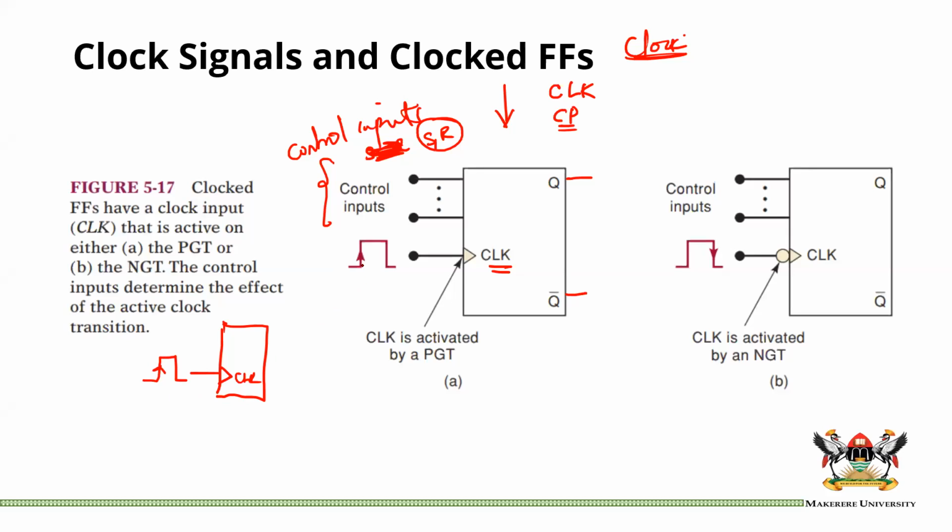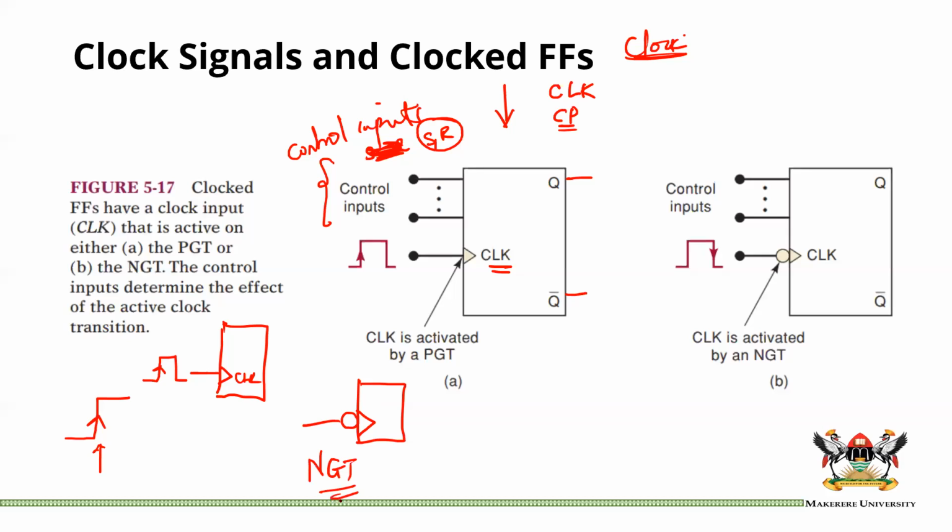It just tells you that the active transition is the transition from 0 to 1, which is a PGT. You can see here that if we want an NGT, we need to add a bubble, and that bubble says negative. We've been using bubbles for meaning active low, and so on. So if you see a bubble, this is actually an NGT.